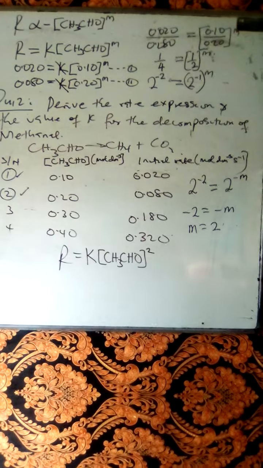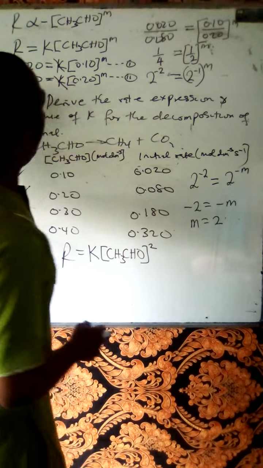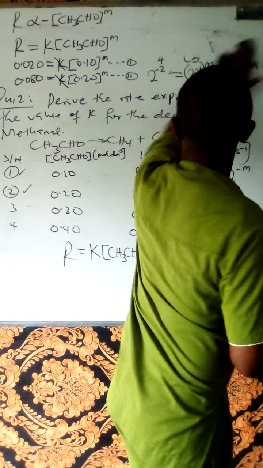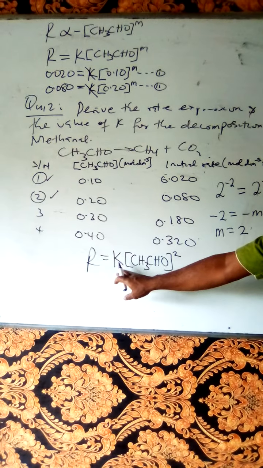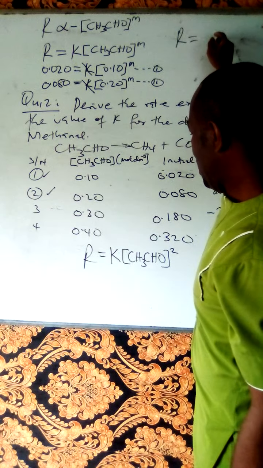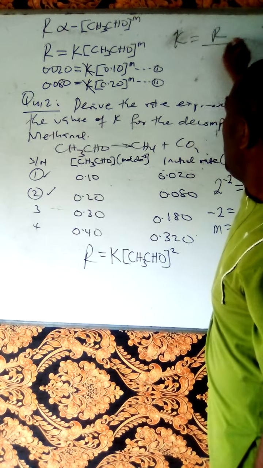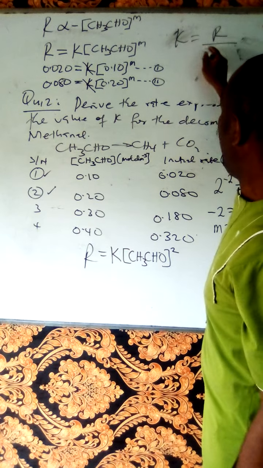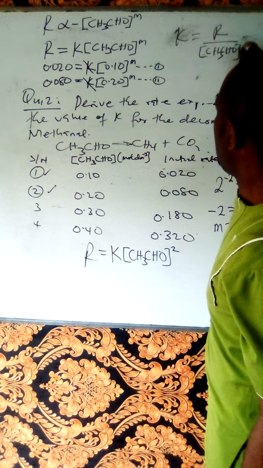How do we find K? We go back to what we have done, and then we make K the subject of the formula. From here, K becomes R all over the concentration of methanol raised to power 2.